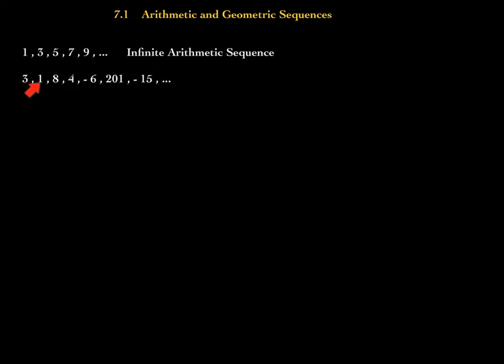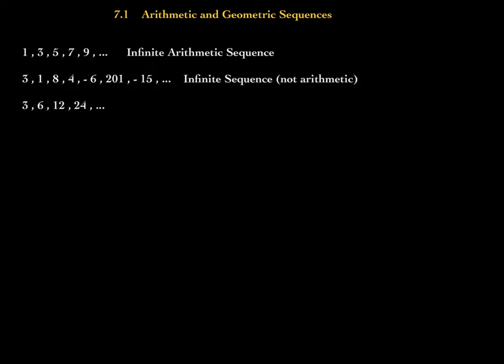And if you add negative 2 again to 1, you should get negative 1, but you don't, you get 8. So right there I can see that this is not an arithmetic sequence. It is, however, a sequence, but we cannot classify it as arithmetic. And it is an infinite sequence.